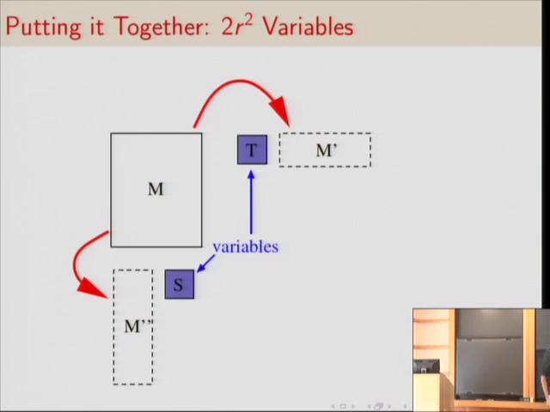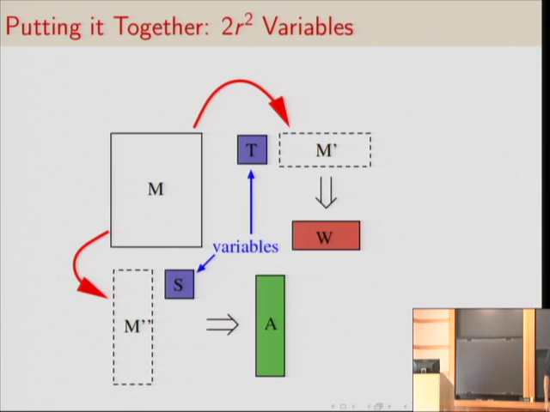Now we know there are linear transformations S and T, which are not too big, they're r by r, so that if suitably chosen, applying them to M prime and M double prime, which we know, will recover the matrices we want to find. They'll recover the non-negative matrices A and W, and now we can write the constraints that A and W be non-negative. This, in turn, is just a set of linear constraints on the variables in S and T.